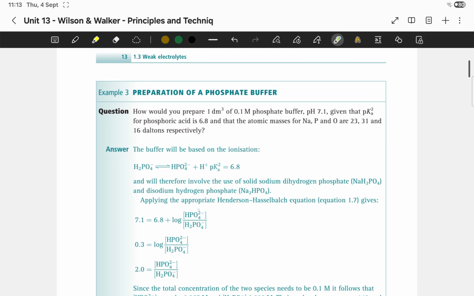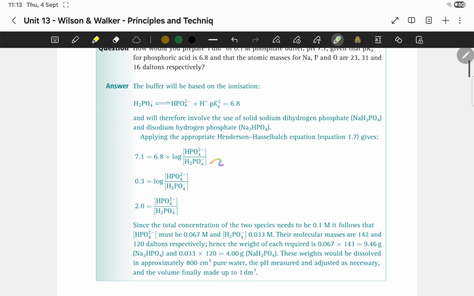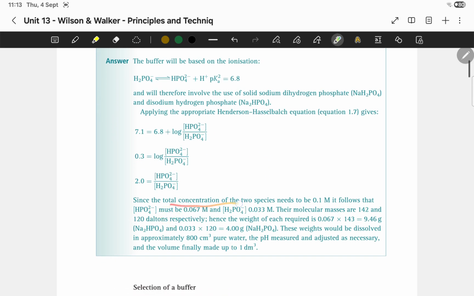Okay, unionized and ionized form. So this is subtracted, we got this. Then using antilog we got this. Since the total concentration of the two species needs to be 0.1 M, it follows that HPO4 2 minus must be this much and this must be this much. The molecular masses are this and this respectively, hence the weight of each required is this and this.